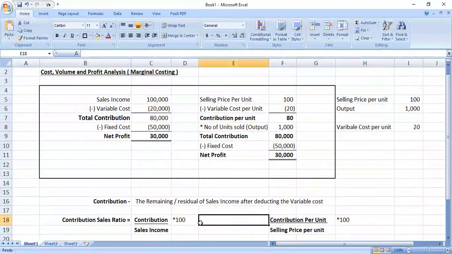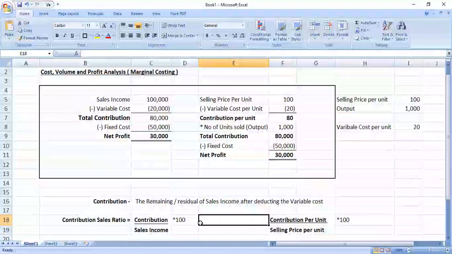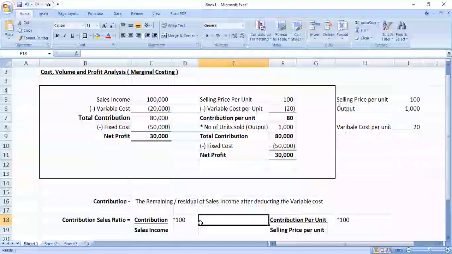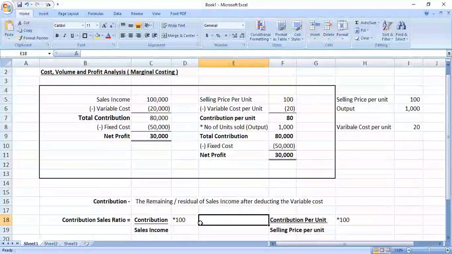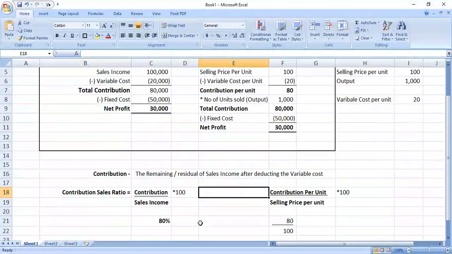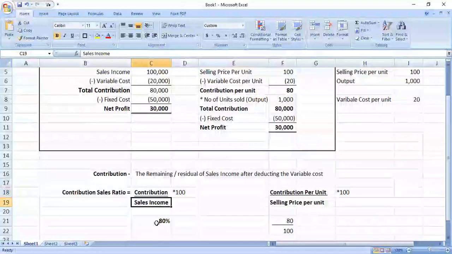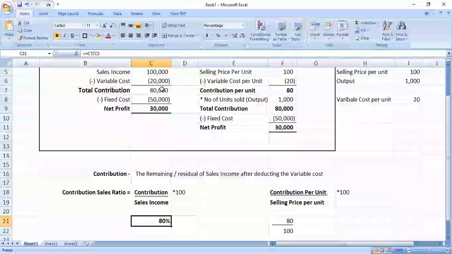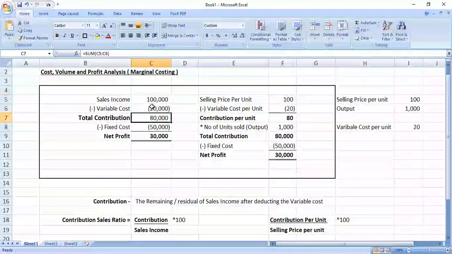This ratio gives you the relationship between the contribution and your sales income. From your sales income, contribution is 80%. So the remaining 20% is the variable cost, because contribution is calculated by deducting the variable cost.